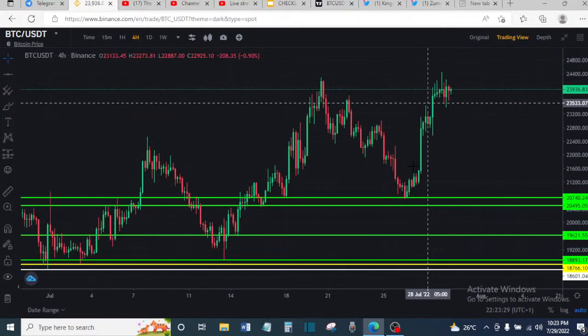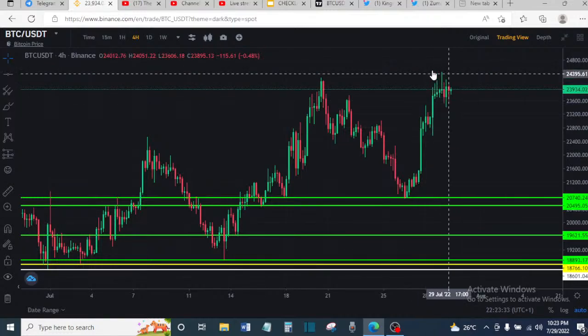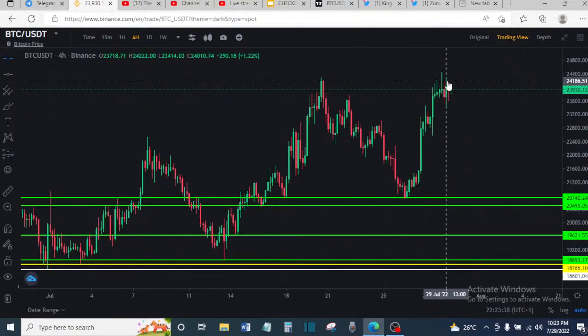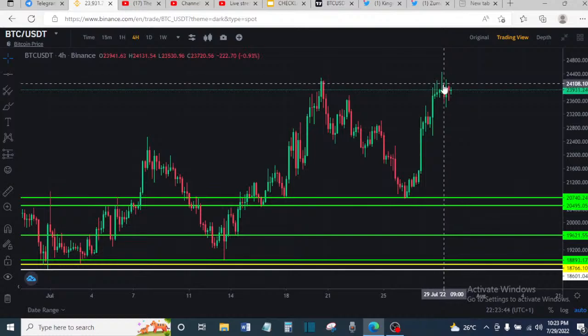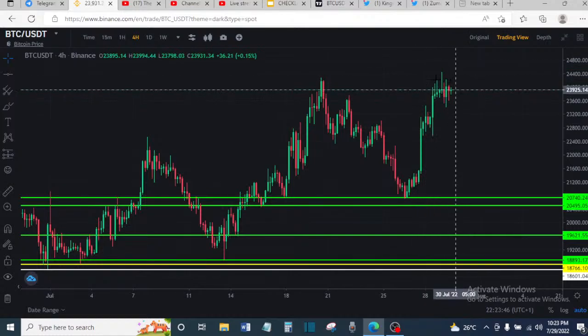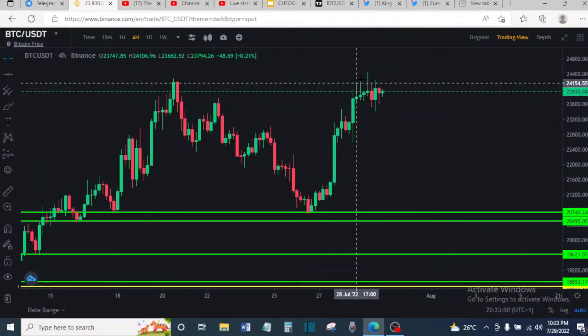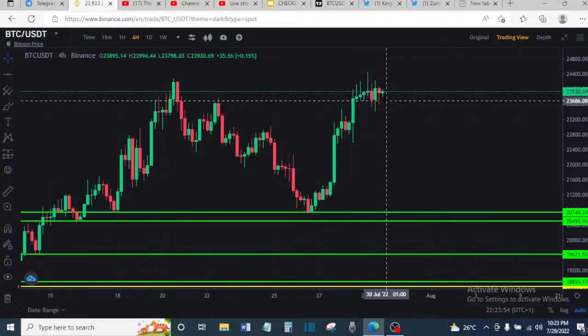You can see the 4 hours chart has cleaned out a lot of noise. If you use the 15 minutes chart, you'll be seeing too much noise. The 4 hours chart has streamlined this, and you can see the effect: pin bar, pin bar, pin bar.